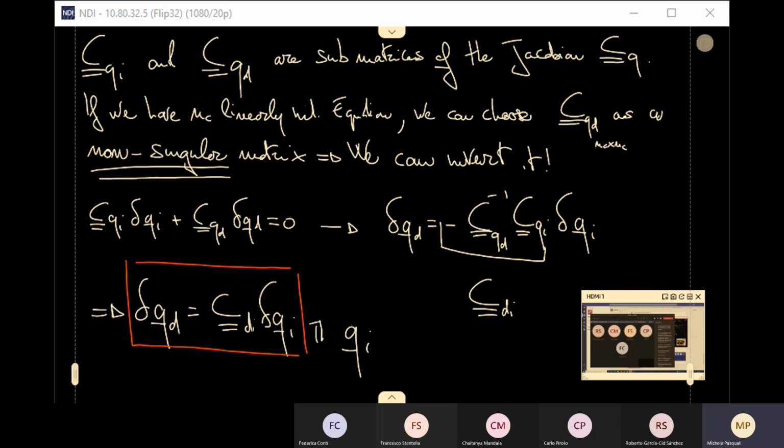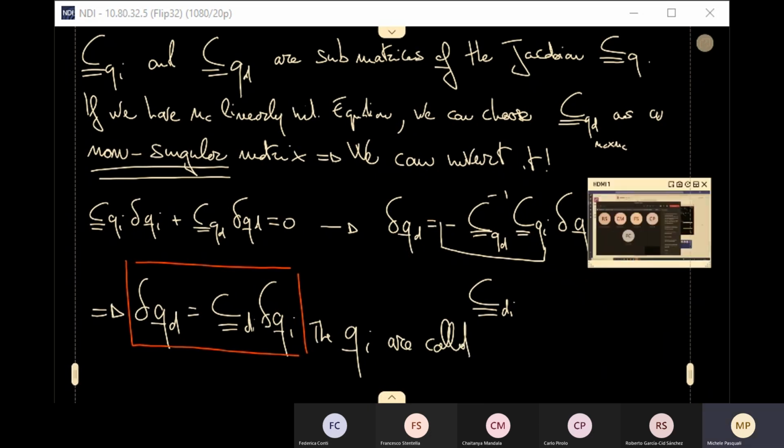So they are called degrees of freedom, also called DOFs with a small s when they are plural.